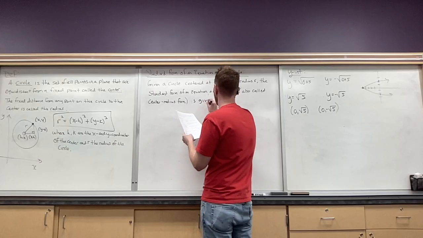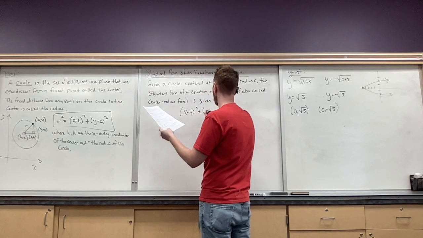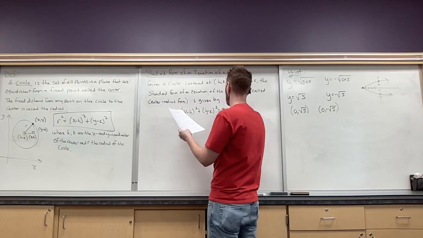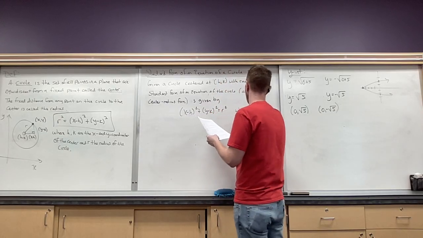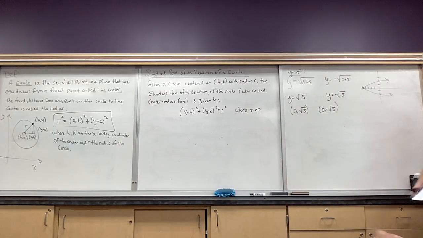It is given by this guy. So what I derived over there, call that standard form, where the radius is greater than 0. Because again, it doesn't make sense for the radius to be 0, because we want a distance from the center for all those points that are equidistant from the center.